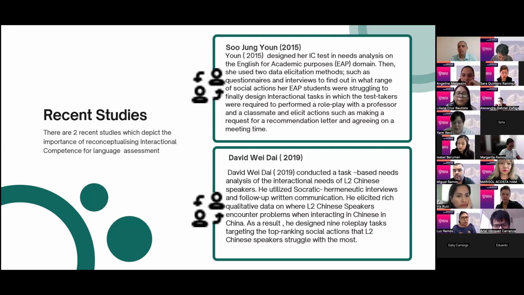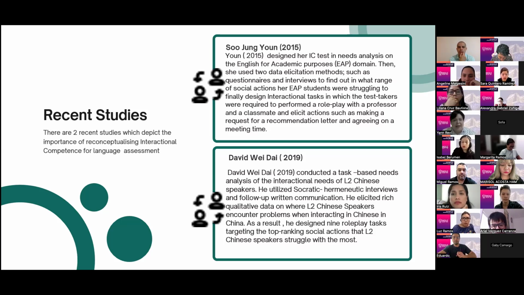Okay, so finally, when she discovered in what social actions her students were struggling, she designed an interactional task in which the test takers were asked to perform a role play with a professor and a classmate and elicit actions such as making a request for a recommendation letter, or for agreement on a meeting time.